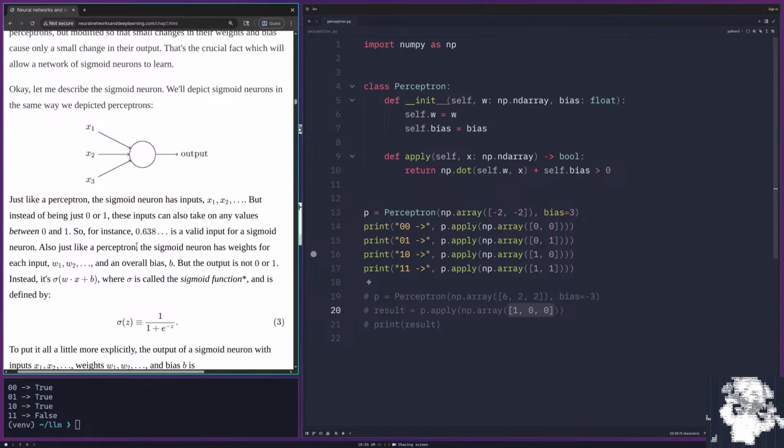Just like a perceptron, the sigmoid neuron has weights for each input, w1, w2, etc., and an overall bias b, but the output is not 0 or 1. Instead, it's sigmoid of w dot x plus b, where sigmoid is called the sigmoid function and is defined by sigmoid of z is defined as 1 over 1 plus e to the negative z.